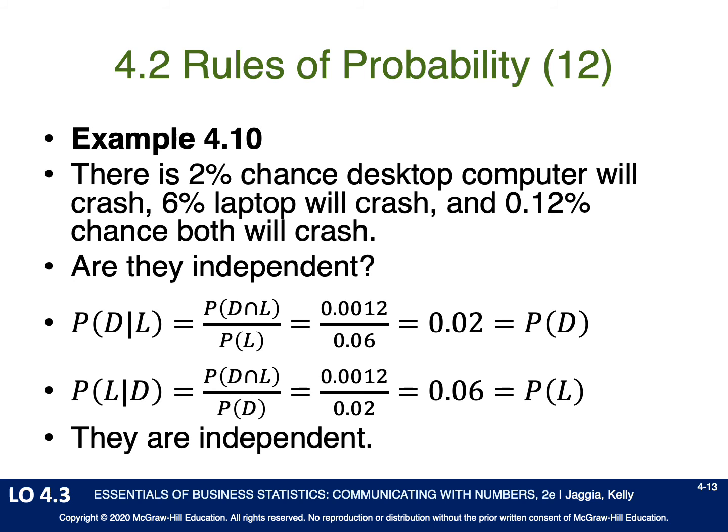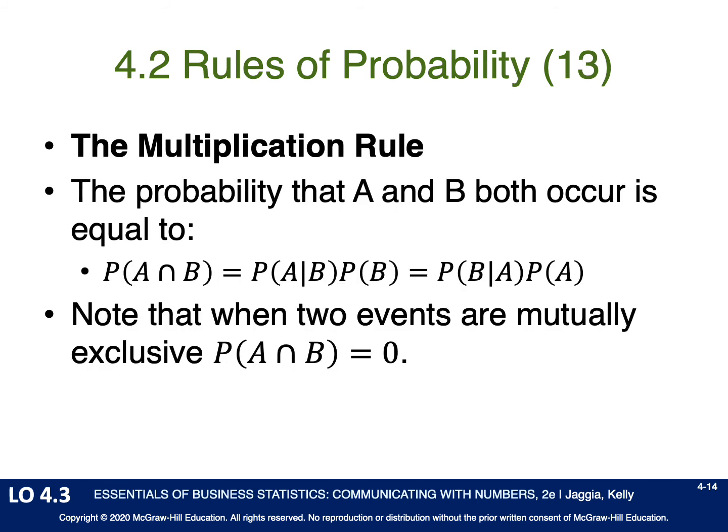And if we think about it logically, it makes sense. Your desktop crashing doesn't have any effect on whether your laptop crashes. If they both happen to crash, that's unfortunate, but it doesn't make sense that one would really influence the other. So again, part of this is we need to use some of our logic in there as well.